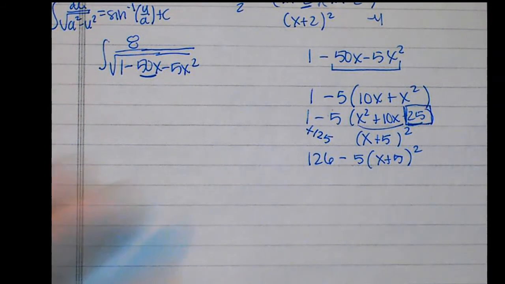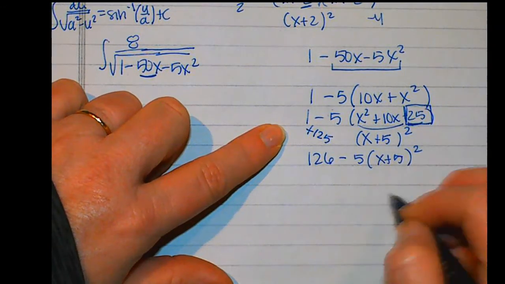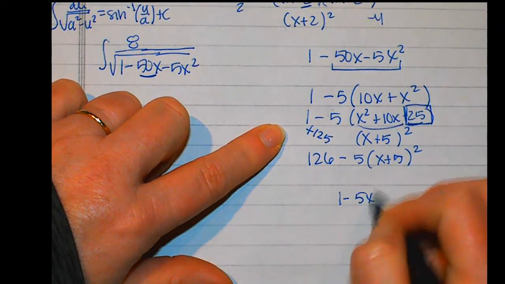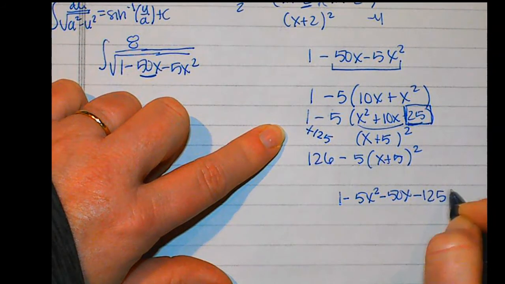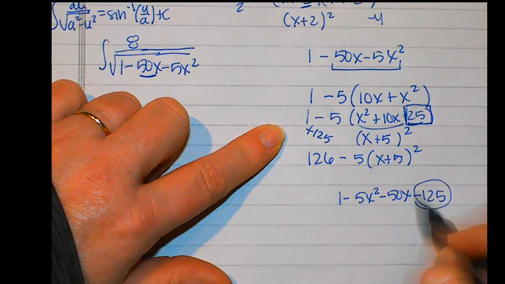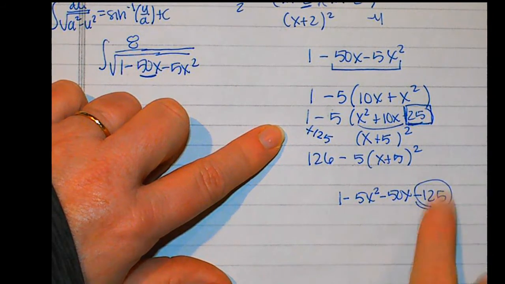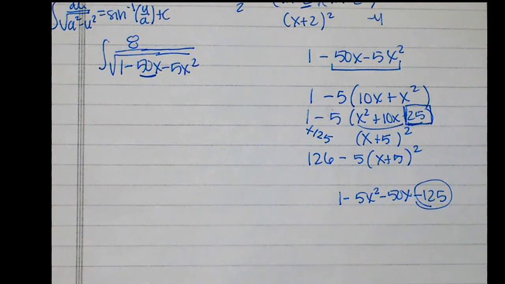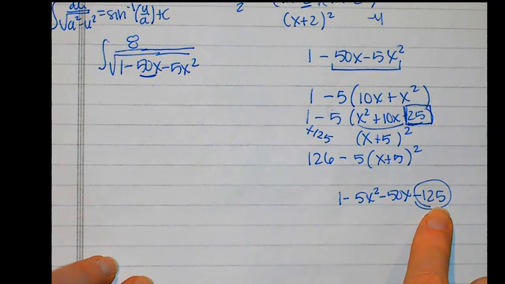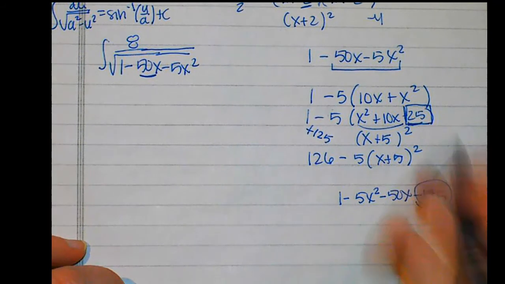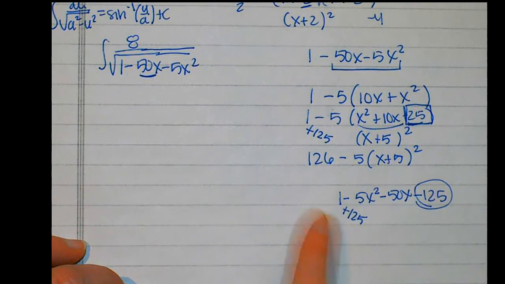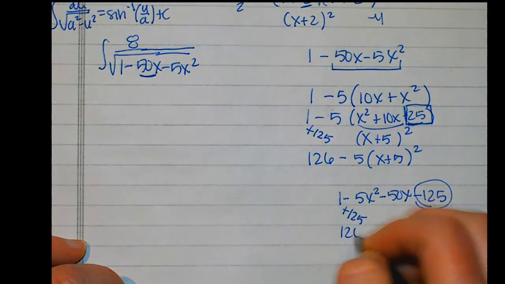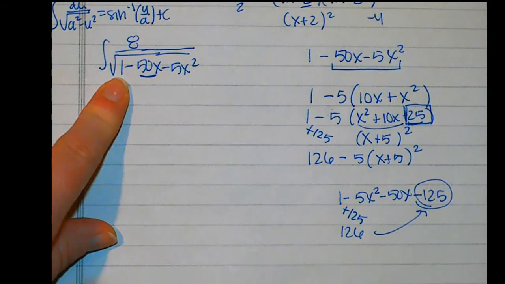So if we took this whole equation and multiplied it out, we'd have 1 minus 5x squared minus 50x minus 125. It's a minus 125 that we included in the equation. So we didn't add it. We minused 125. So we have to add 125 so that we get 126 minus 125 gives us the one that we started with. Does that make sense? Okay.